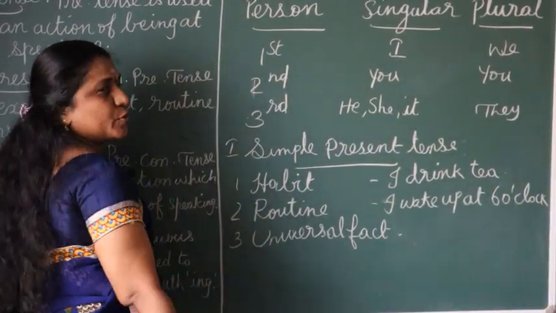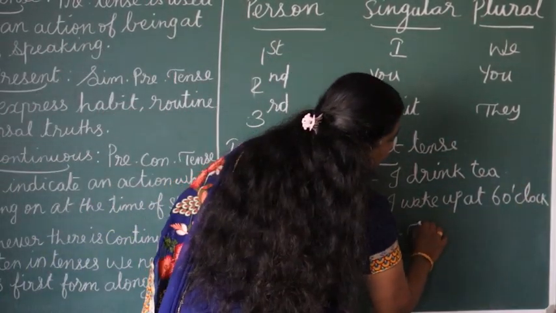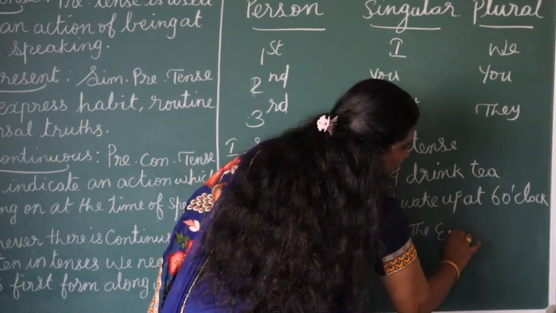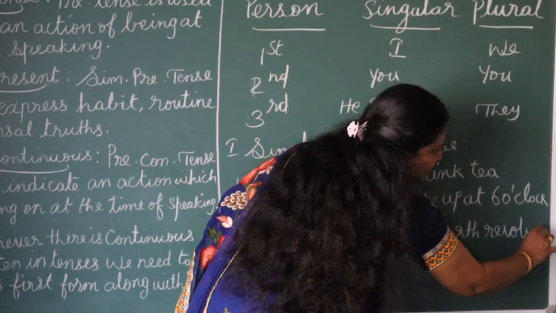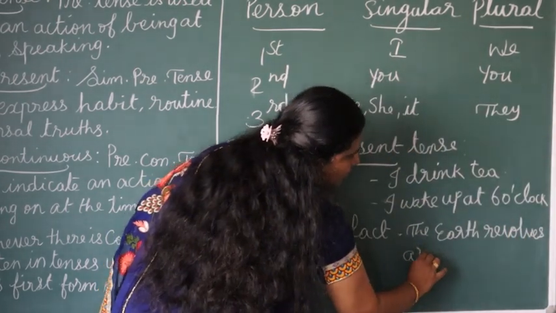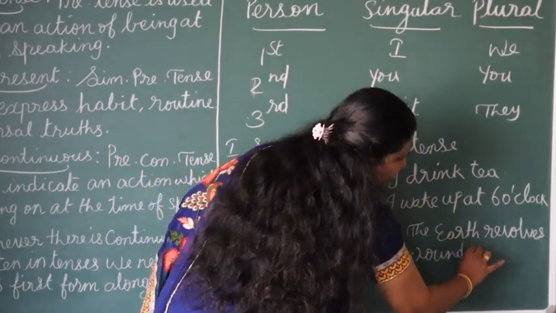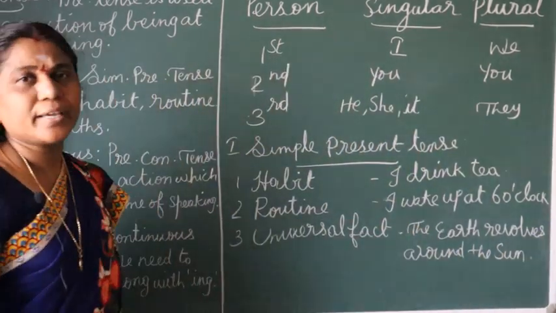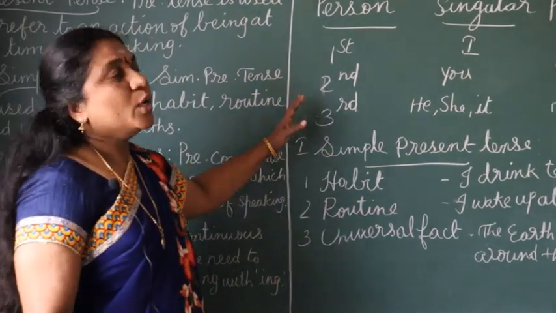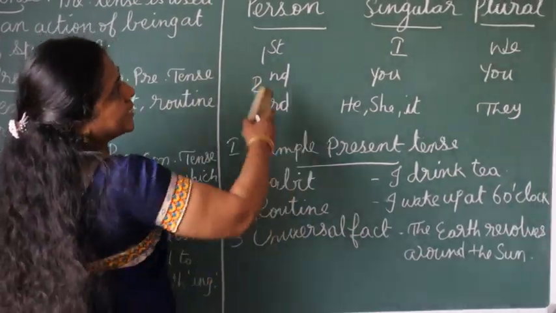And an example of universal fact is the earth revolves around the sun. Okay. Now we see the rule form of simple present tense.